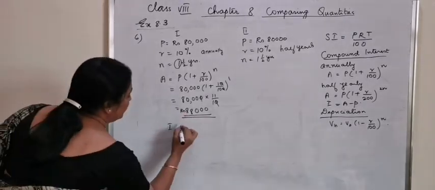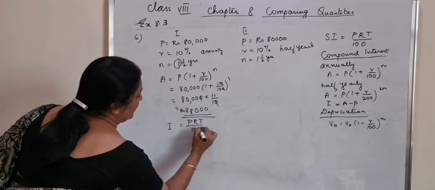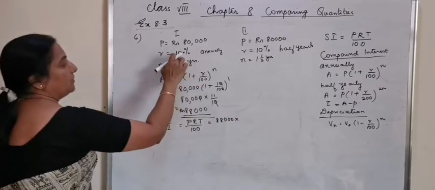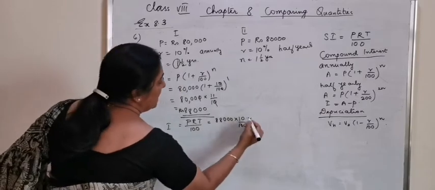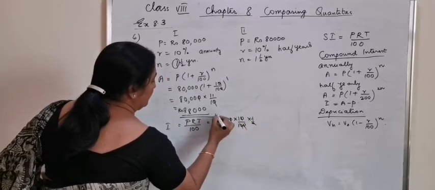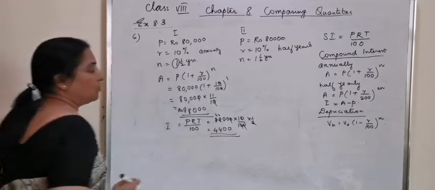of rupees 88,000. Interest is equal to I is equal to PRT by 100, which is equal to 88,000 into rate is 10 by 100 into another half year, which is equal to 4,400.